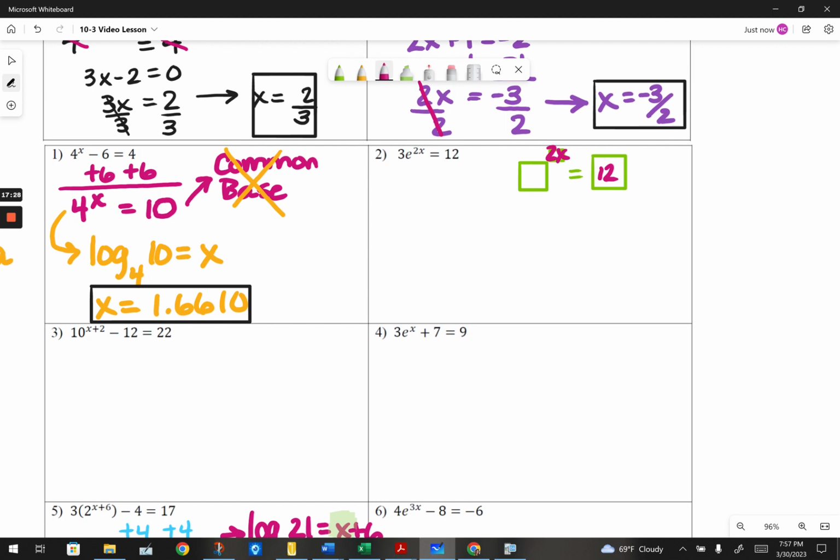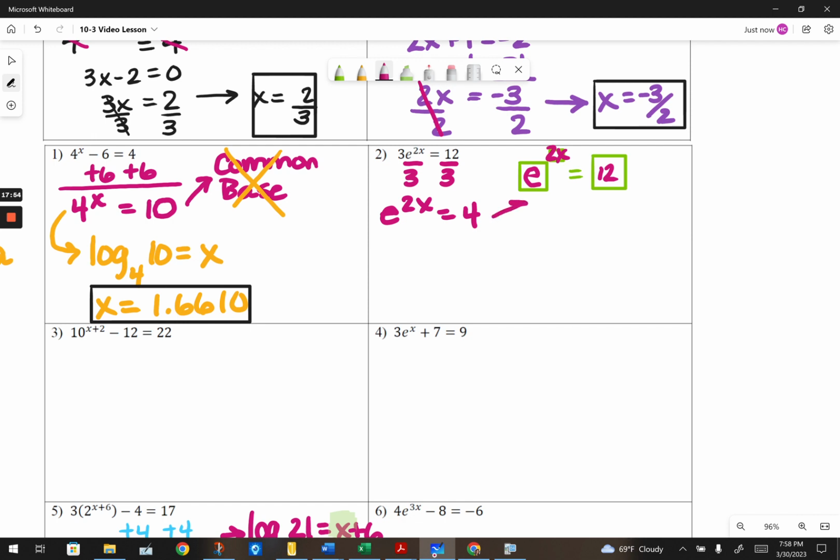It's 3 times e to the 2x. So the e has to go here. The 3 is kind of just stuck there, right? So I need to get rid of the 3 by dividing both sides and get e to the 2x equals 4. So now, do you see how it looks like that format?